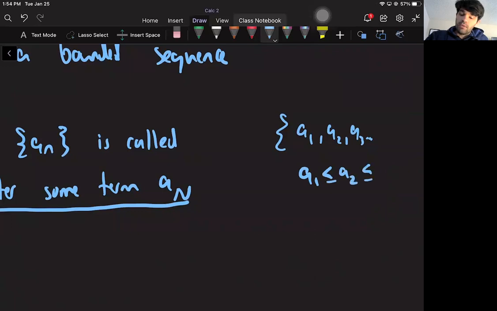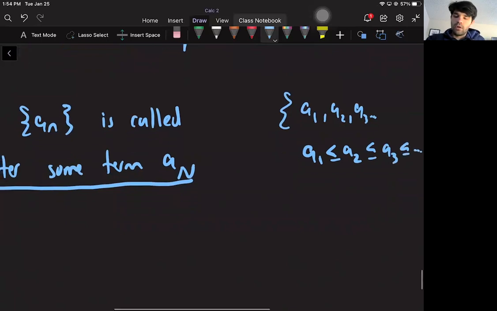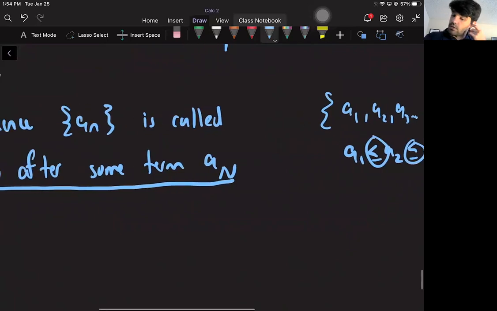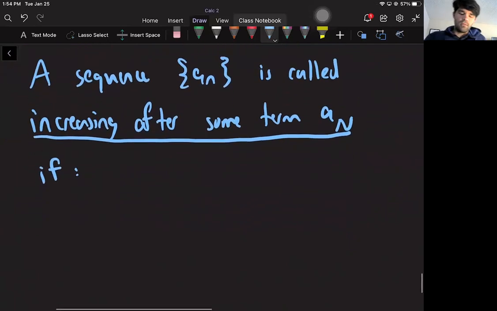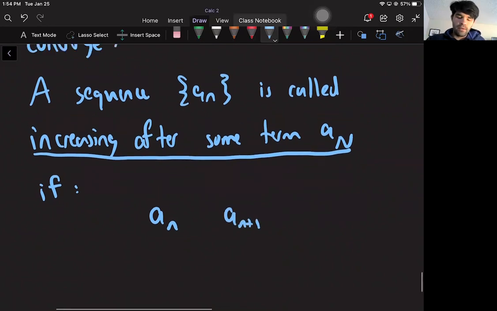And then A2 was smaller than A3, and so on like that. So we want to make use of these less than or equal to's to say what it means for something to be increasing. And what it means is that A_n and A_(n+1), if we compare them, that's just one term and the next term. It should be that the next one is the bigger one. So that should happen.